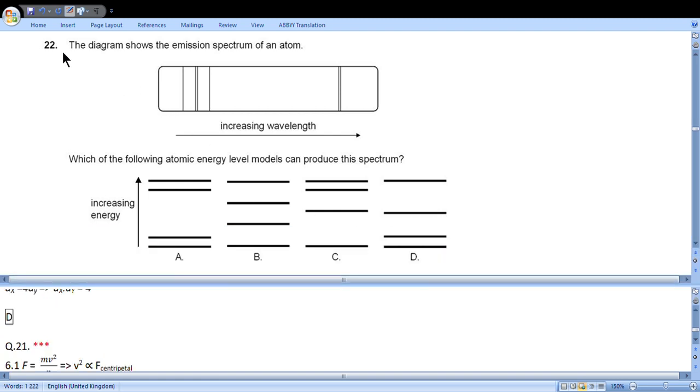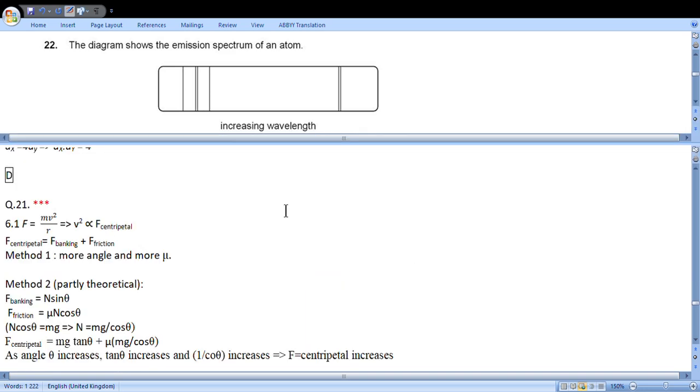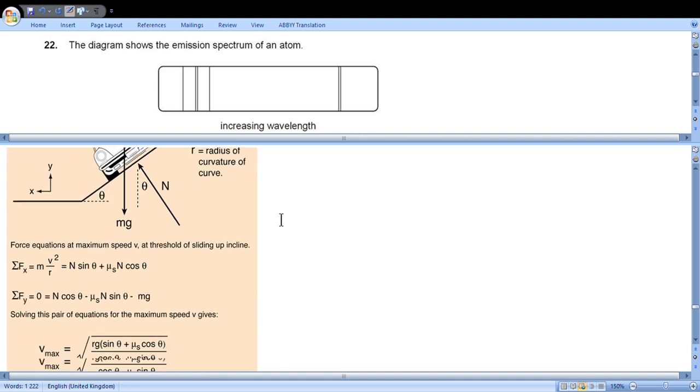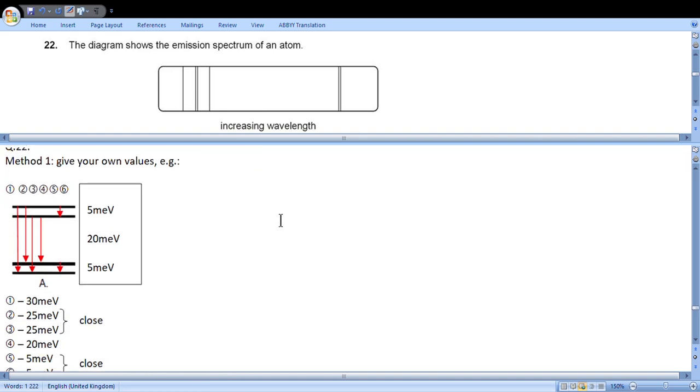Question 22. The diagram shows an emission spectrum of an atom. Increasing wavelength means that energy increases in the opposite direction. Which of the following atomic level models can produce this spectrum? So here I have two methods again. Method 1, give your own values.